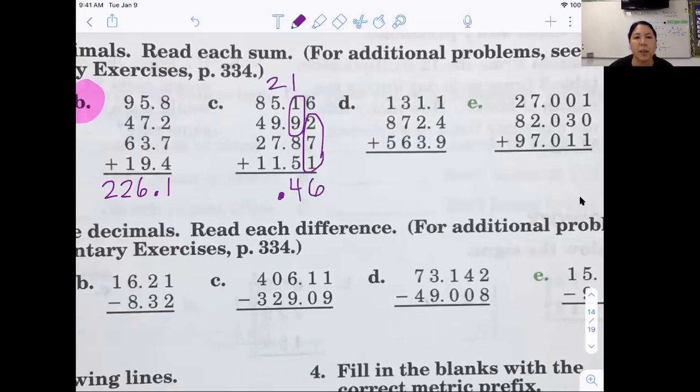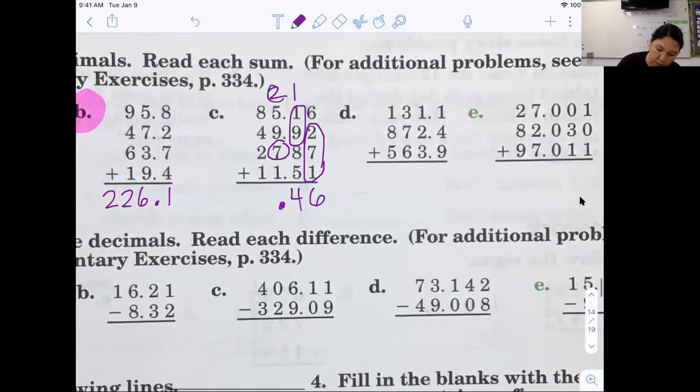Okay. Do you see a way to make a 10? I see a 3 number way to make a 10. 7 and 2 and 1 make 10. Okay, good. 10 plus 9 is 19. What's 19 plus 5? 24.